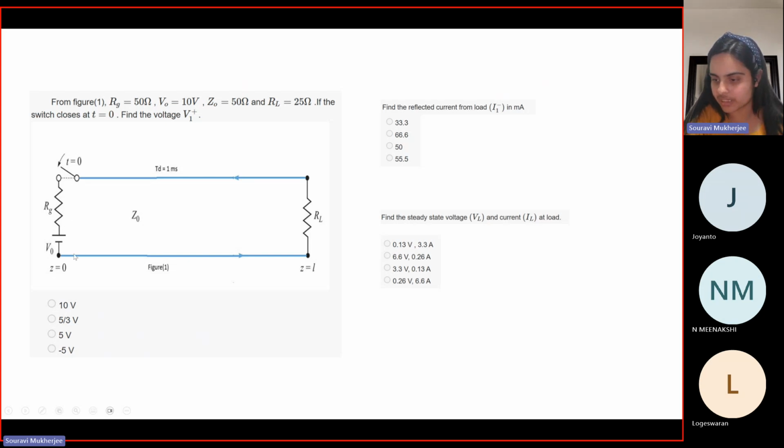This is very similar to what we discussed in the last class or the class before. You have 50 ohm here, the characteristic impedance is given as 50, and the voltage here is 10.